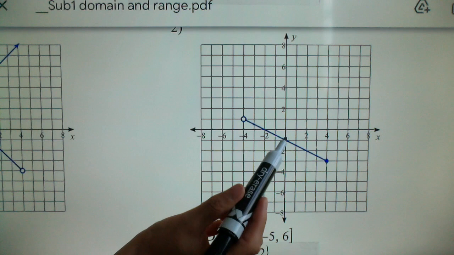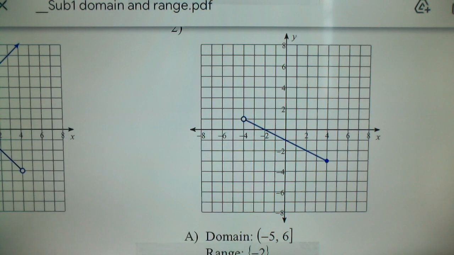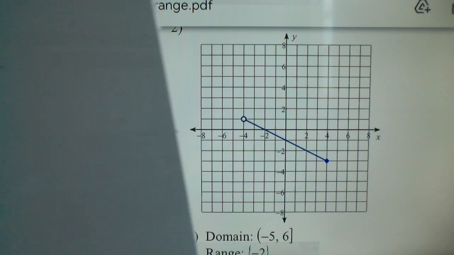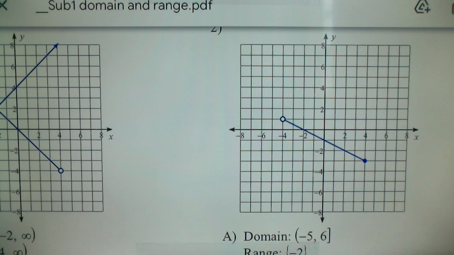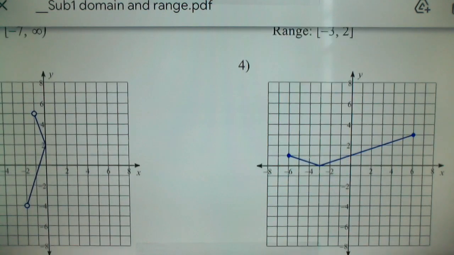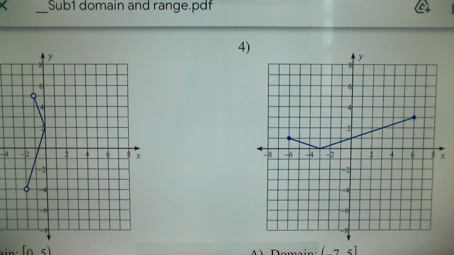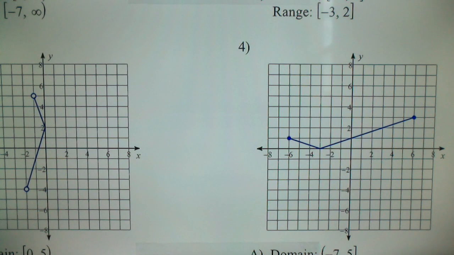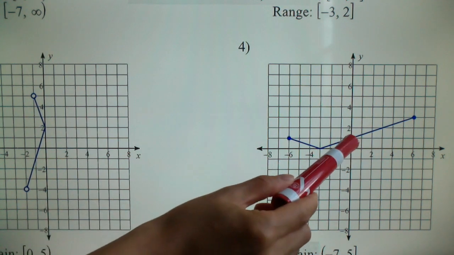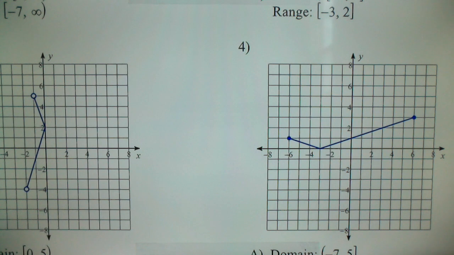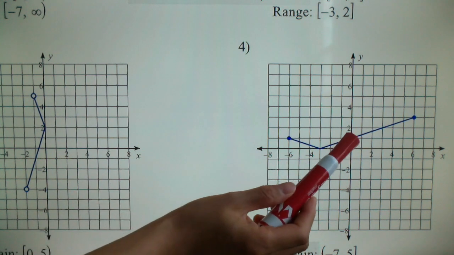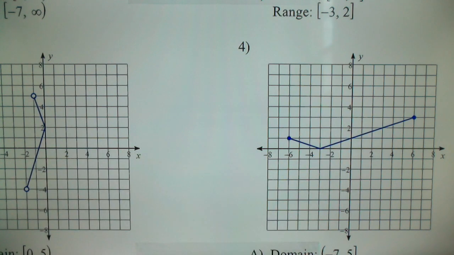It's right here. So y-intercept is -1. And next, go to graph 4, find y-intercept. So where is the point? It's right here, right? So the answer is 1, because we are looking for y, right at this point. So the answer is 1.